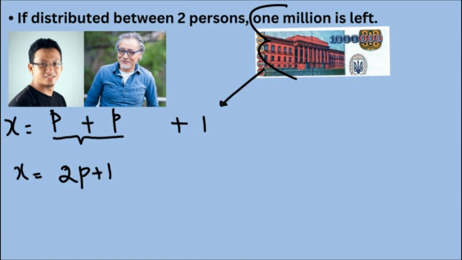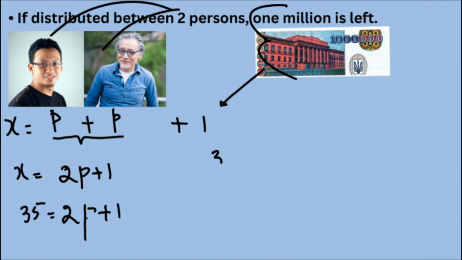Here we have come across an odd number, 2p plus 1. So 35 is 2p plus 1, then the value of p: 35 is equal to 2 seventeens, 34, plus 1.